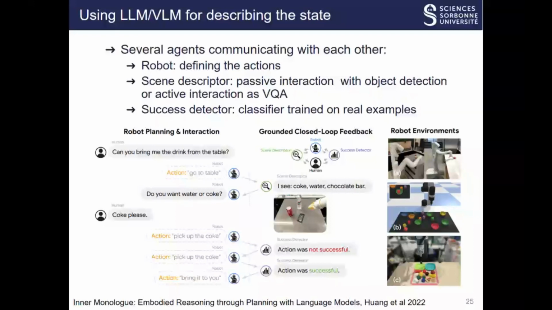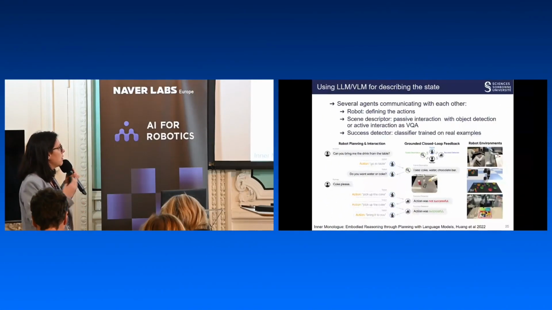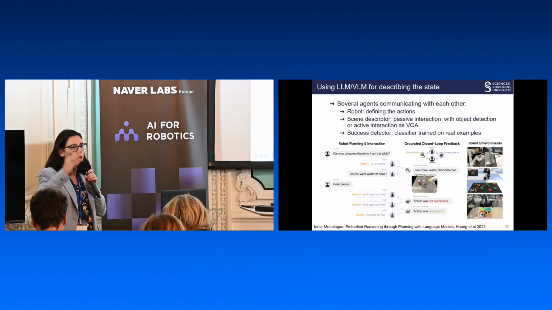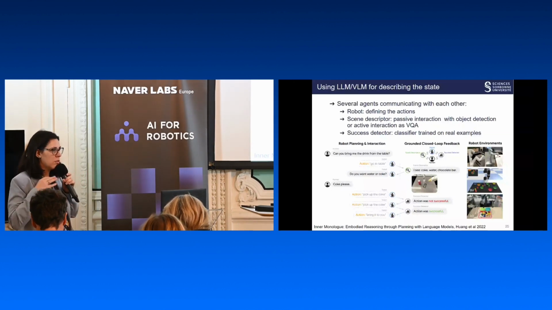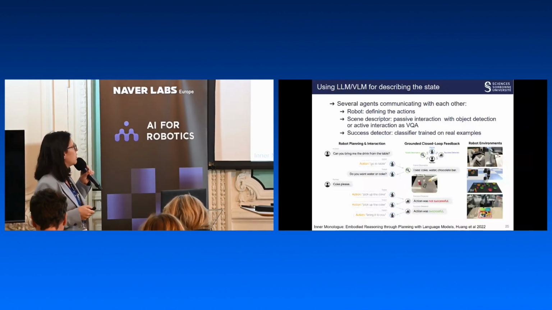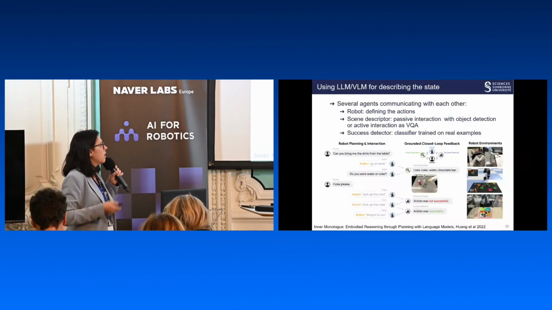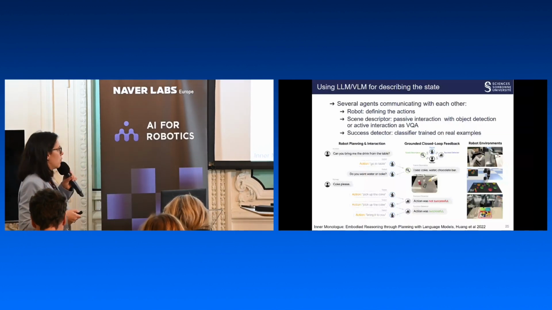The first one is a scene descriptor, whose objective is to identify the objects within the scene. And you can interact with the scene descriptor in a passive interaction, so just an object detection task as in the vision community, or also an active interaction with visual question answering, in which you ask questions to the scene descriptor, and then it provides information regarding the objects.